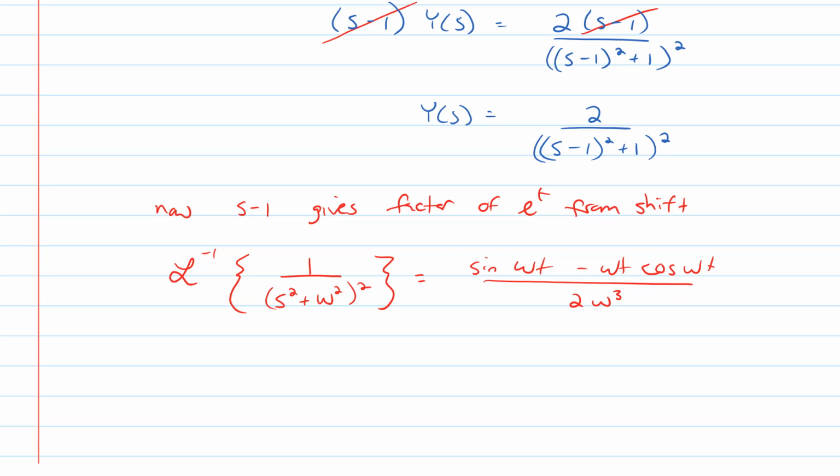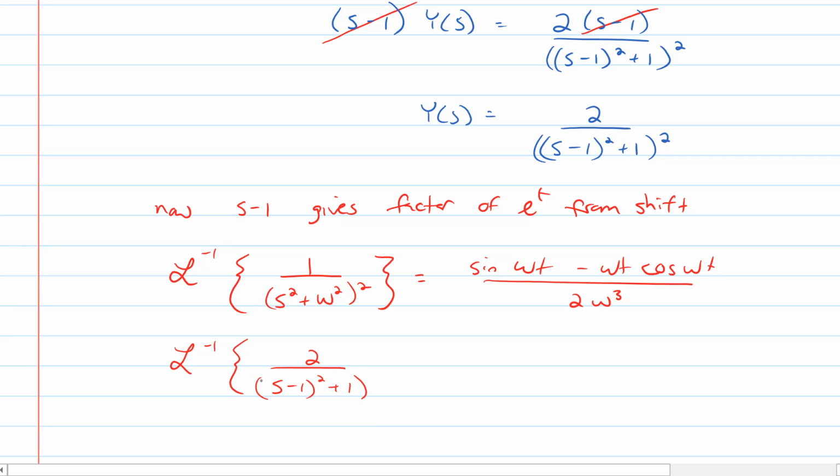And then that allows us to know that the inverse Laplace transform of 2 over s minus 1 squared plus 1 all squared will give us 2 e to the t. The 2 comes from the factor up top. The e to the t comes from the shift.